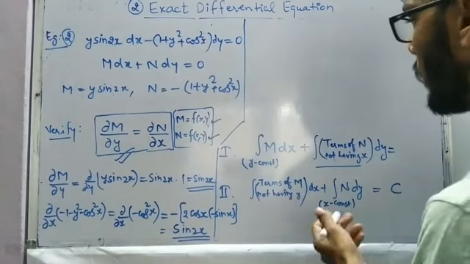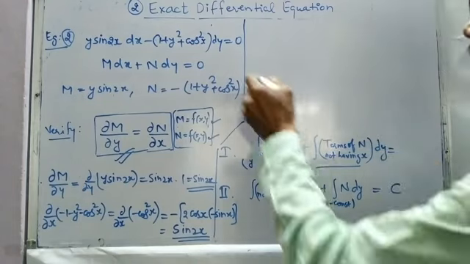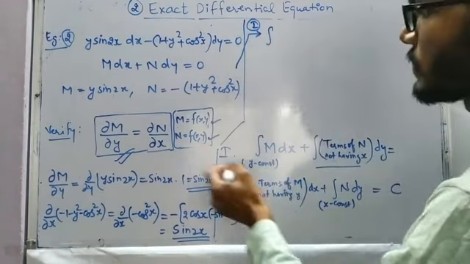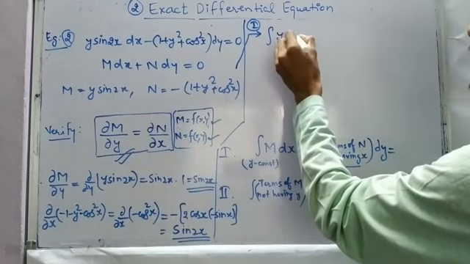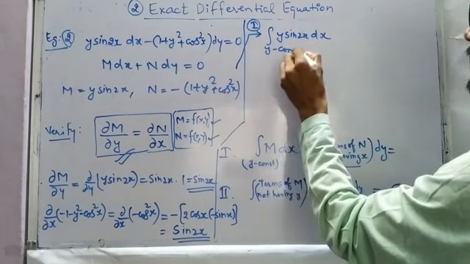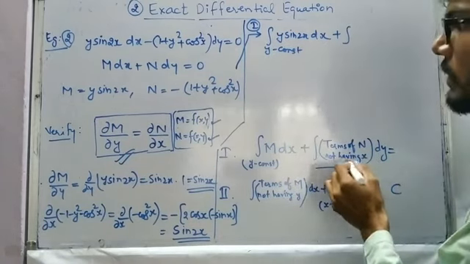So we can now apply either of the two procedures. We'll apply the first one. So integration of m dx, where m is y sin 2x dx, and we have to keep the y terms as constant, plus integration of the terms of n not having x.